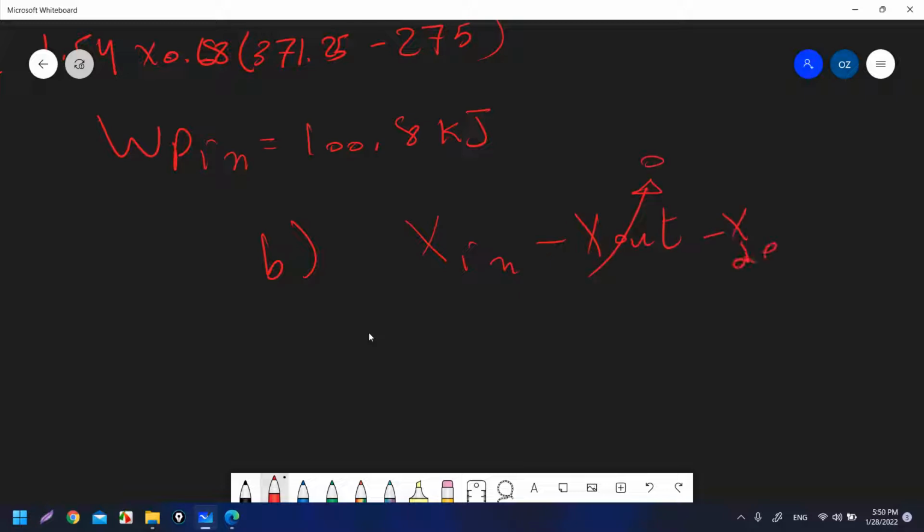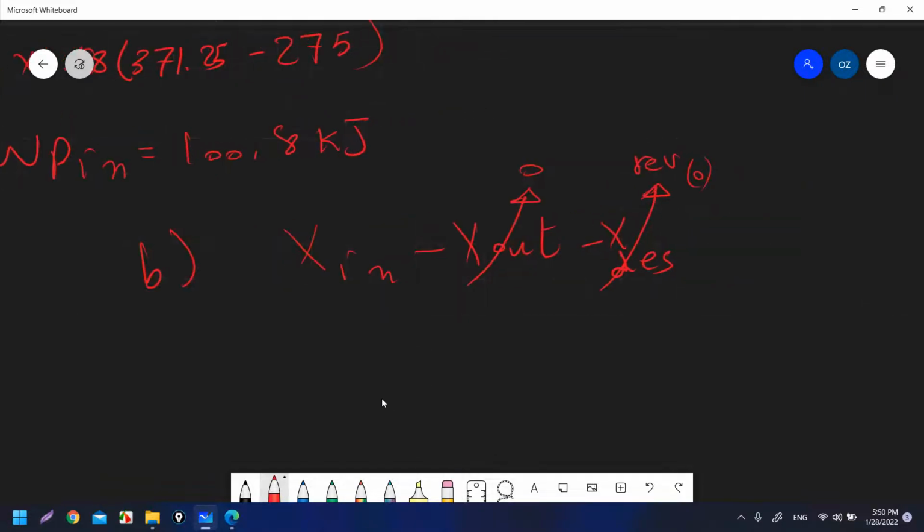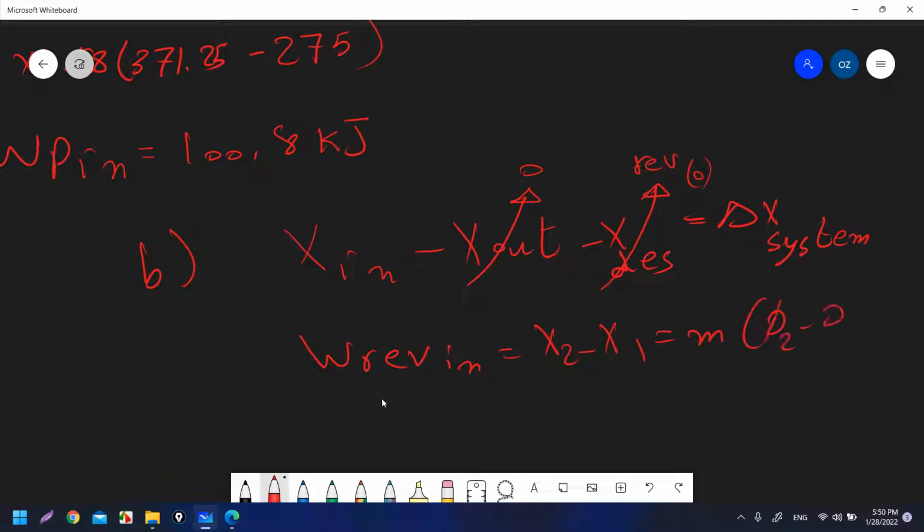X destroyed will also be 0 because it is a reversible work, so this one is 0, equal to delta X system. This will be the reversible work in. Delta X system is X2 minus X1, equal to m (phi2 minus phi1).